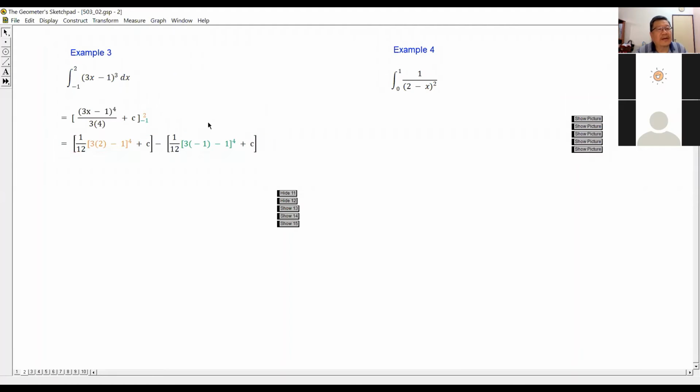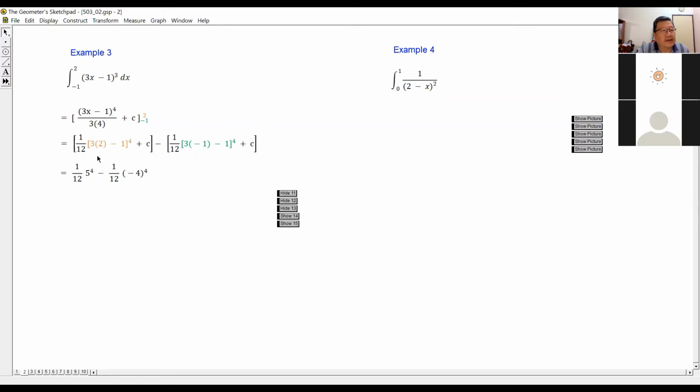The second bracket, same thing, 1 over 12, but this time you substitute the second number, the green number at the bottom: 3 times negative 1, because the x is negative 1, then minus 1, raised to the power of 4, then plus c. So we're going to use the orange minus the green color.